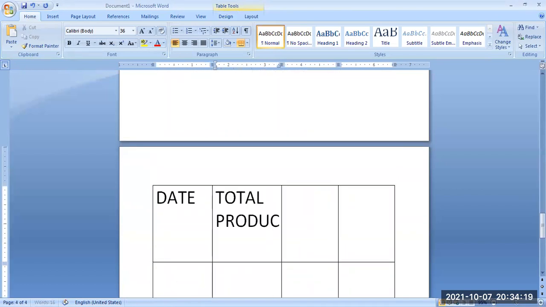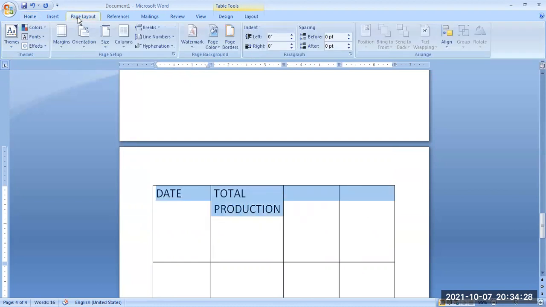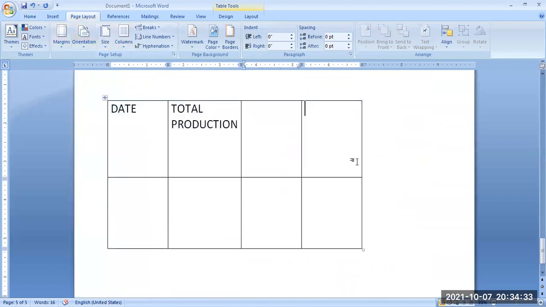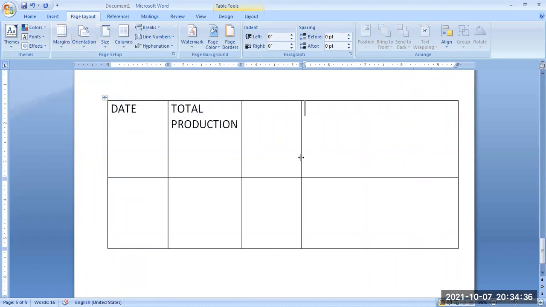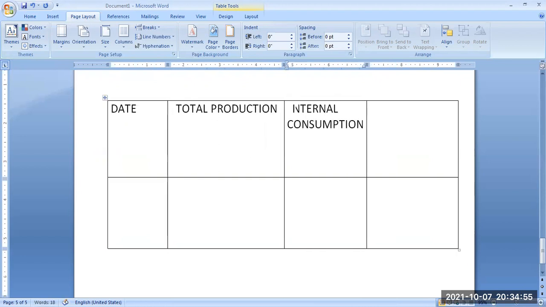Then one is internal consumption, as some part of production is used for internal consumption.